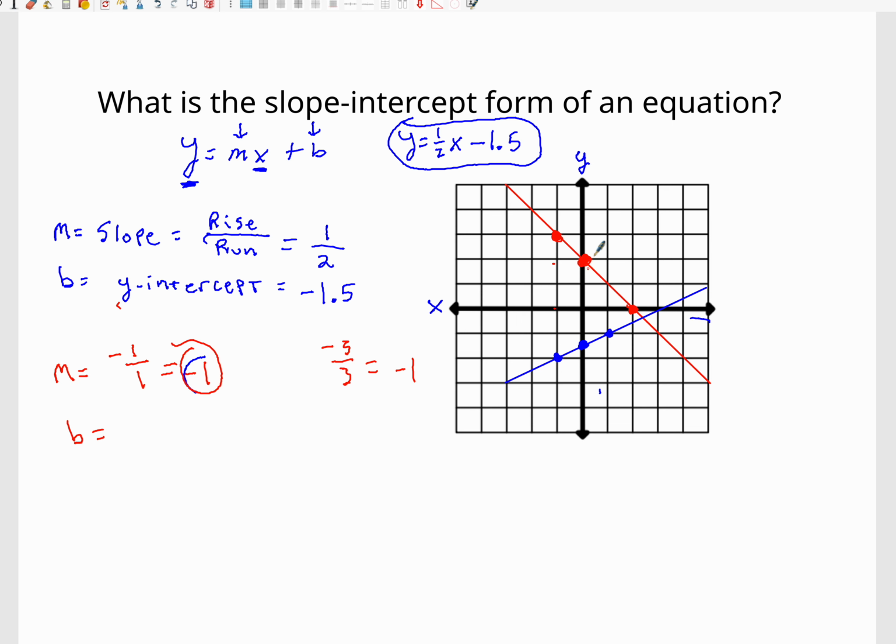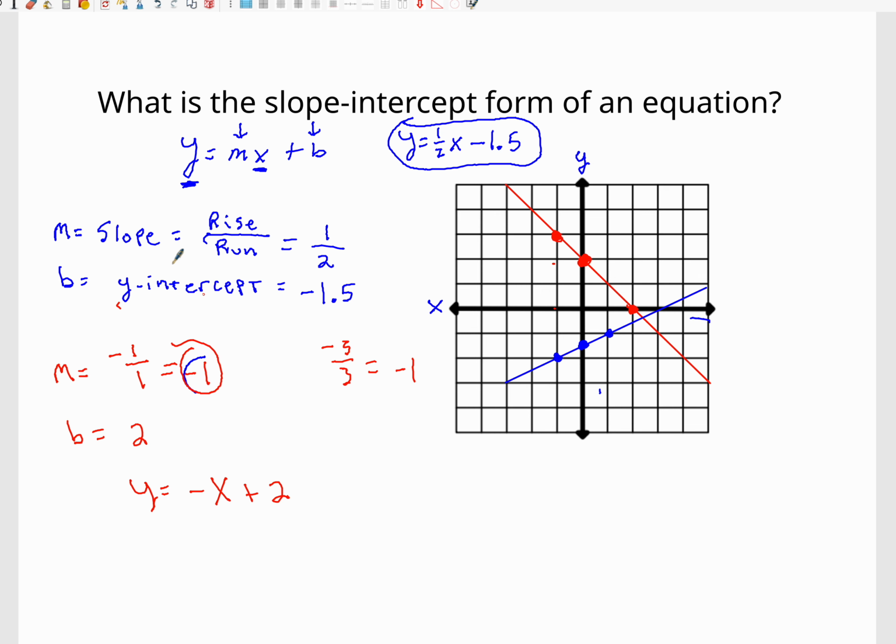It's right here, it crosses the y-axis at 2, and so b is 2, so we can write the equation y equals -1x, and since it's a 1, I really don't need the number 1, just negative x plus 2.